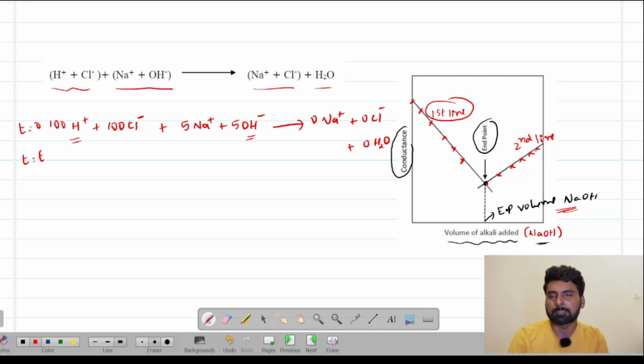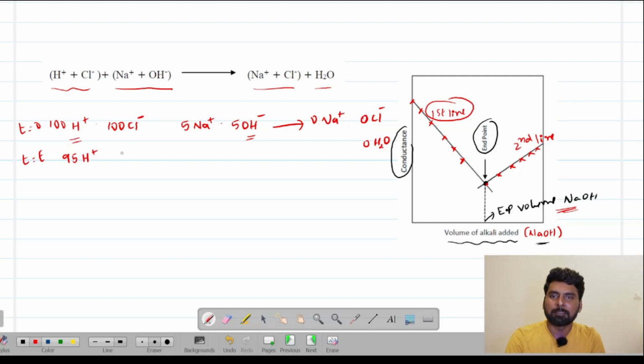For my explanation only I am taking time t equal to 0 and time t equal to t, but all these reactions are quick. Once the time t is reached, that means the reaction is completed. Out of 100 H plus, 5 already reacted. How many are left? 95 H plus left.